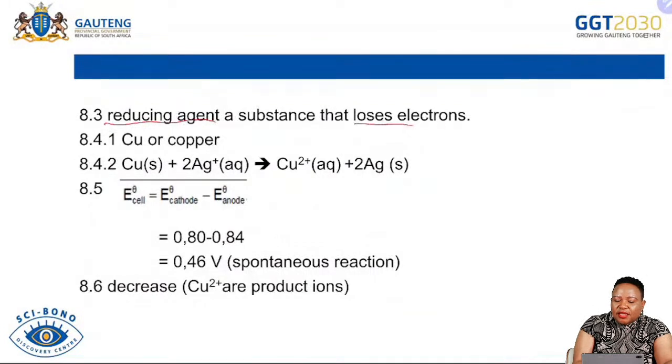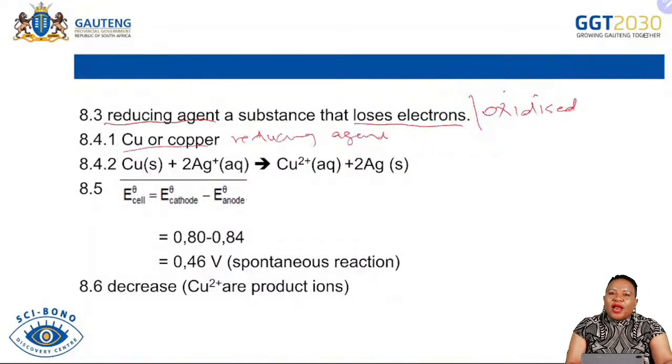A reducing agent is the substance that loses electrons, and I also included that it is the substance that is being oxidized. And this is our reducing agent, as we have identified that copper will undergo the oxidation reaction.